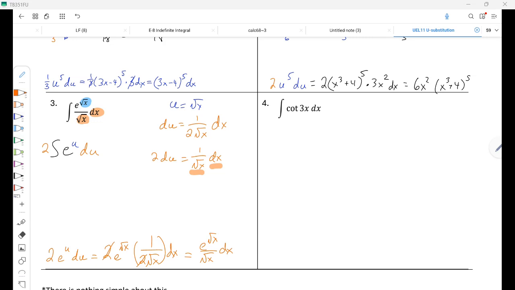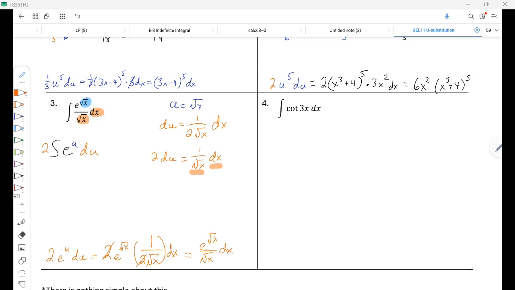And 2 e to the u du is algebraically equivalent to e to the square root x over square root x dx. If it's not, you're not doing the right thing. So things disappear like that. Because there's cancellation that's either going on in your head or you explicitly write it out at the bottom to check it, like I'm showing you here. You've got to figure out how you're going to get these problems correct.